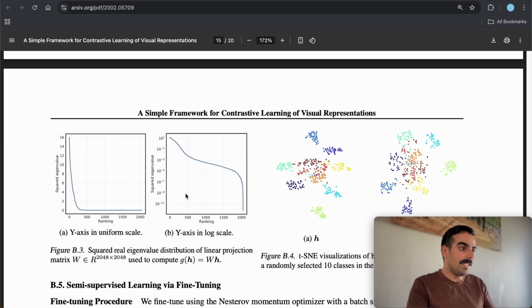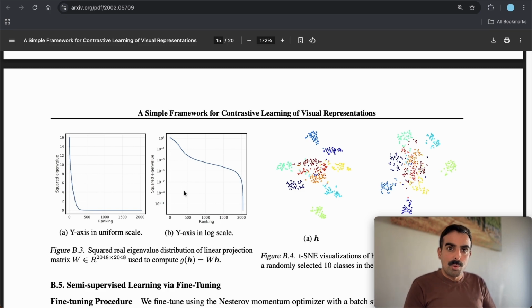It shows in-depth analysis into why they use the projection head, and why they did not just pull out the visual representations from the ResNet, from the convolutional net, and compare them together. That's why they have to pass these visual representations through a projection head.